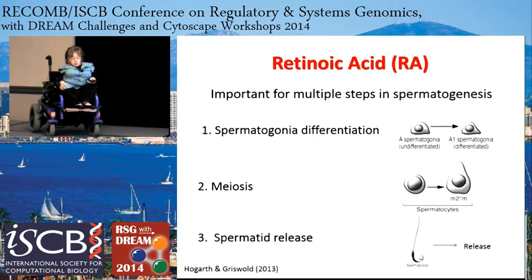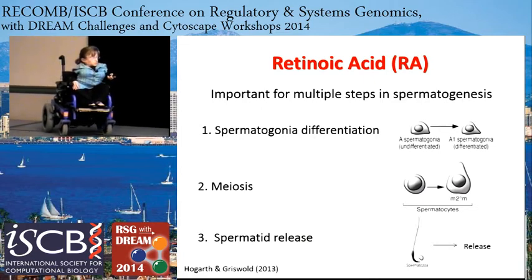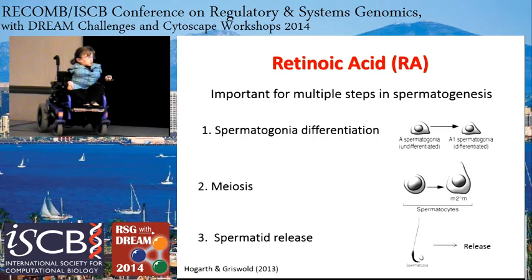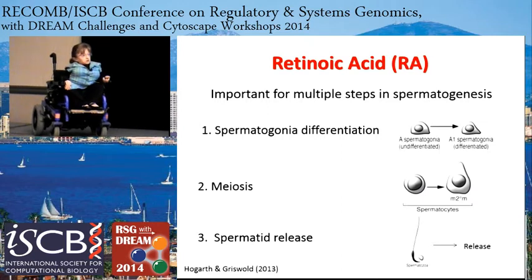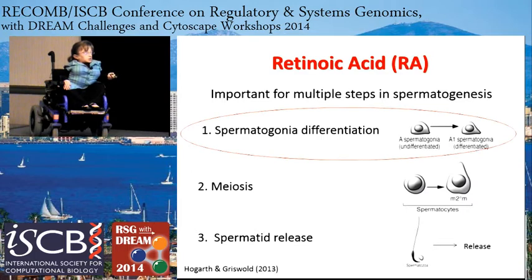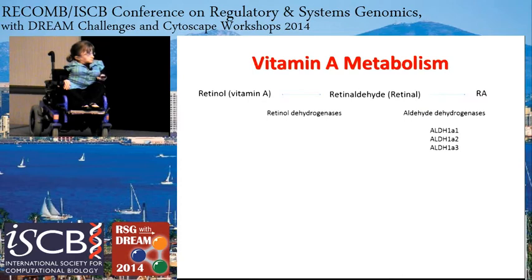A collaborator at Washington State University recently was able to show that in these cells you get a quick increase of retinoic acid followed by a sharp decrease. I'm going to be referring to that phenomenon as the retinoic acid pulse, and we're particularly interested in how this is generated in these differentiating spermatogonia.